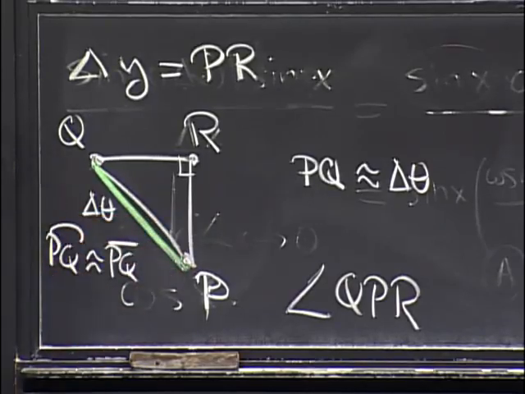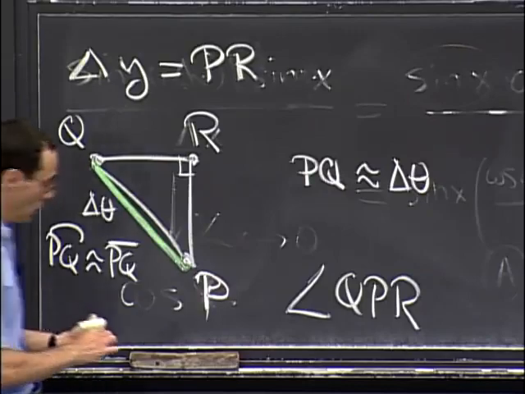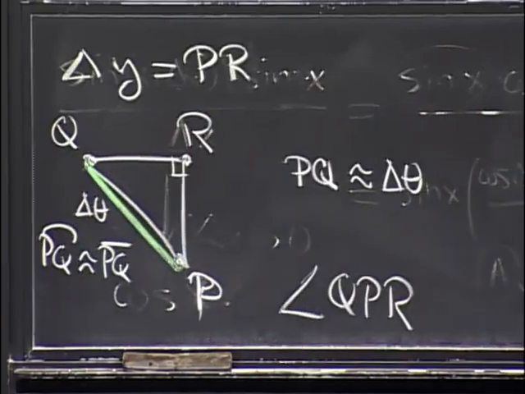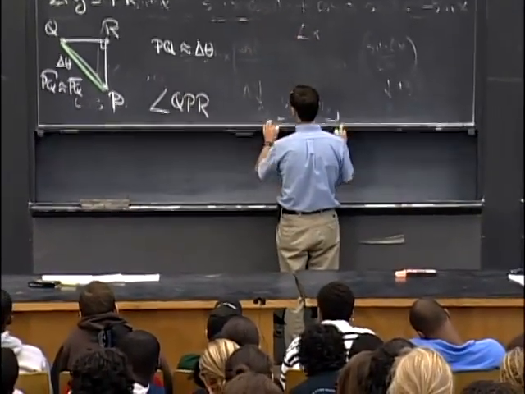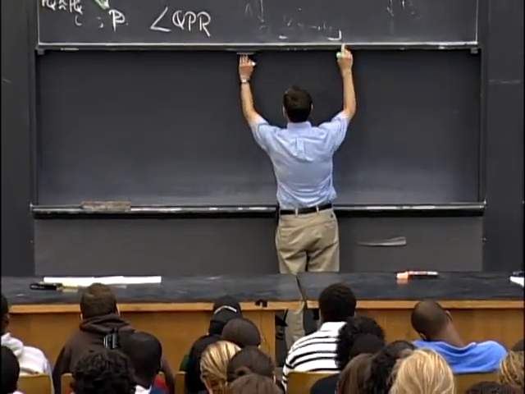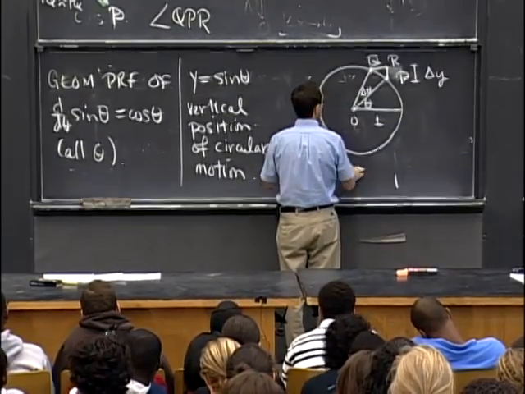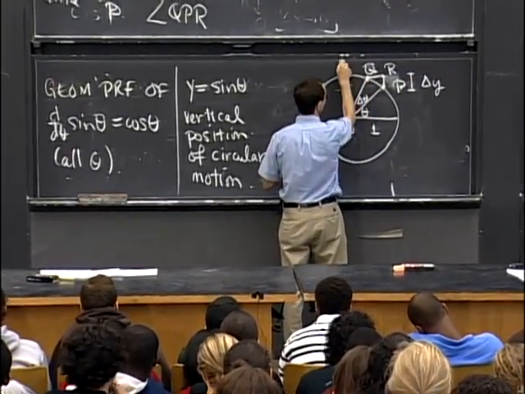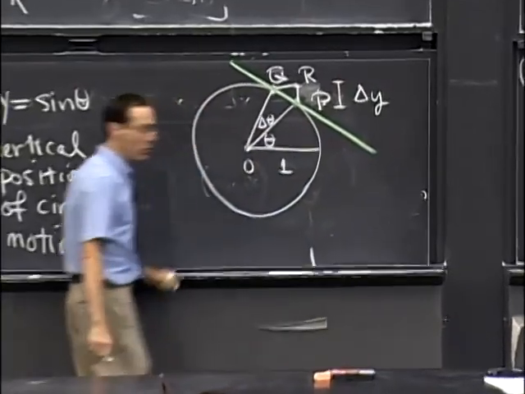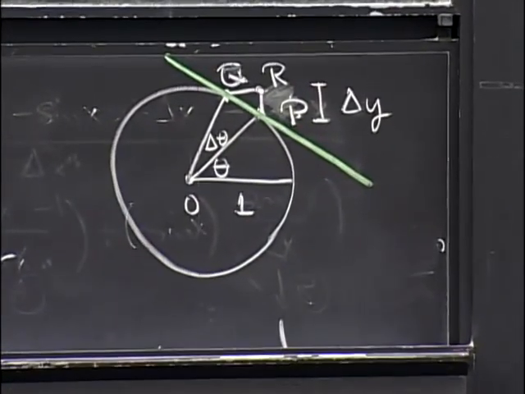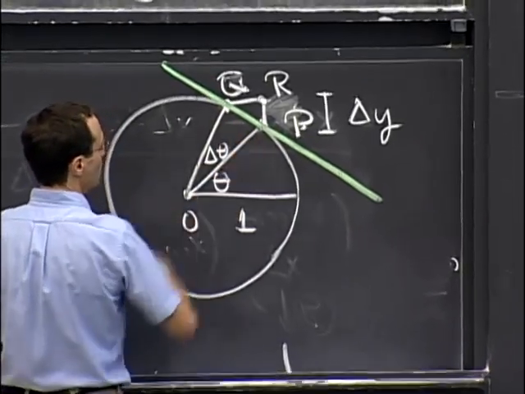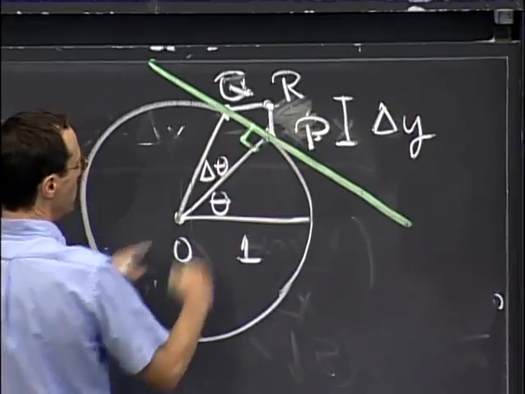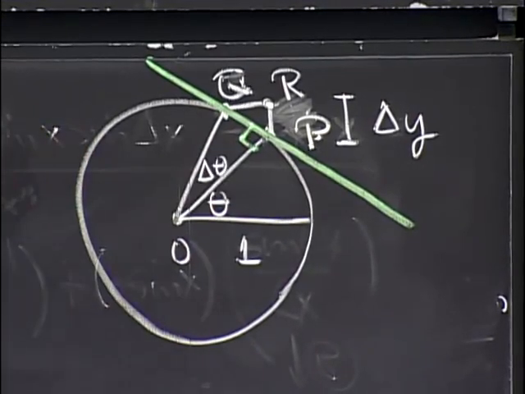Now let me show you why that's possible. First of all, I'm going to trade the boards and show you where the line PQ is. The line PQ is here. The key point about this line that I need you to realize is that it's practically perpendicular to this ray here.